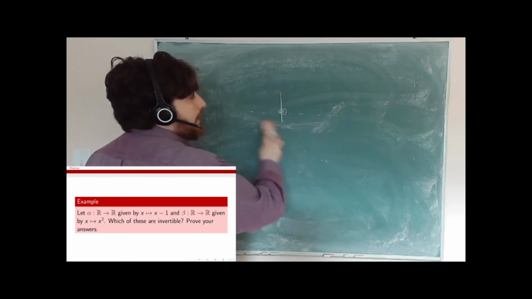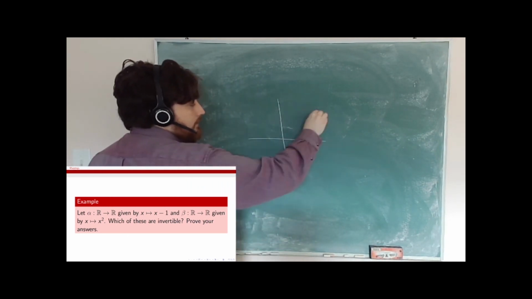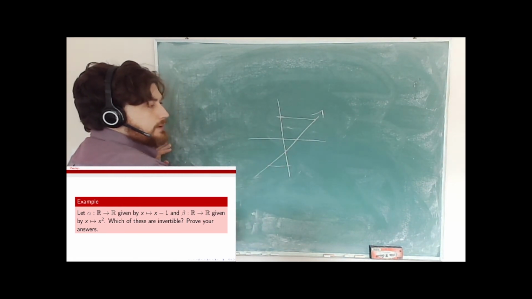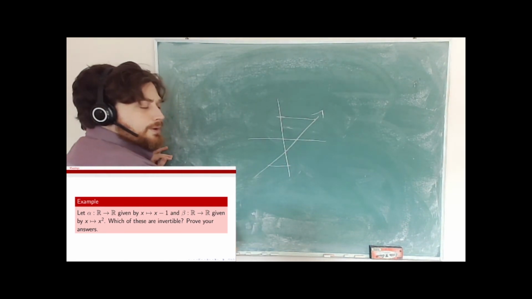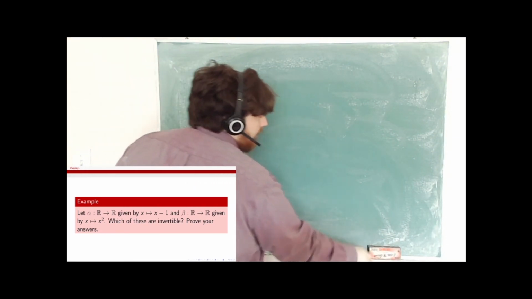Therefore, if I go back to x minus 1, I say, well, it looks like for every y, there's going to be exactly one x associated with it. Therefore, I think this will be invertible. All right, so now how do I prove that?